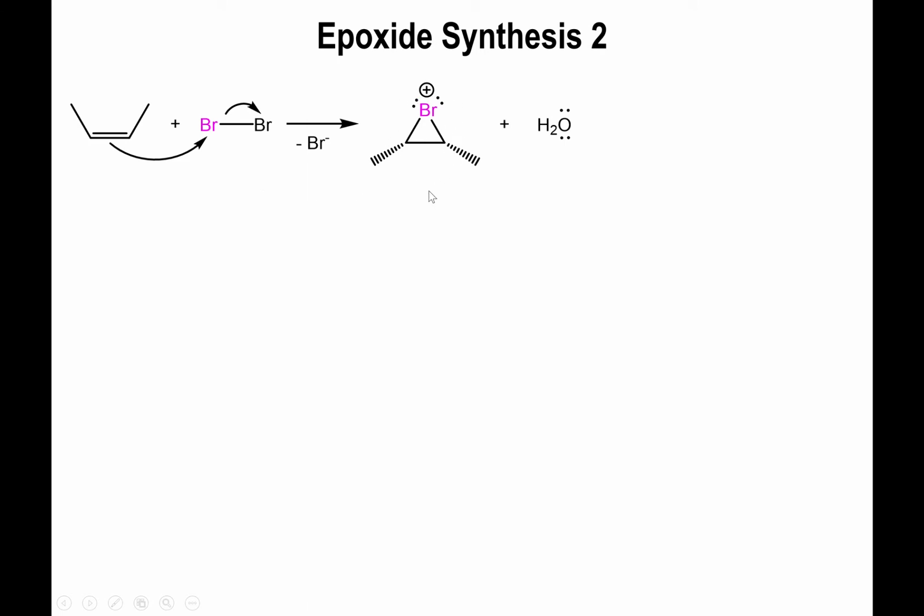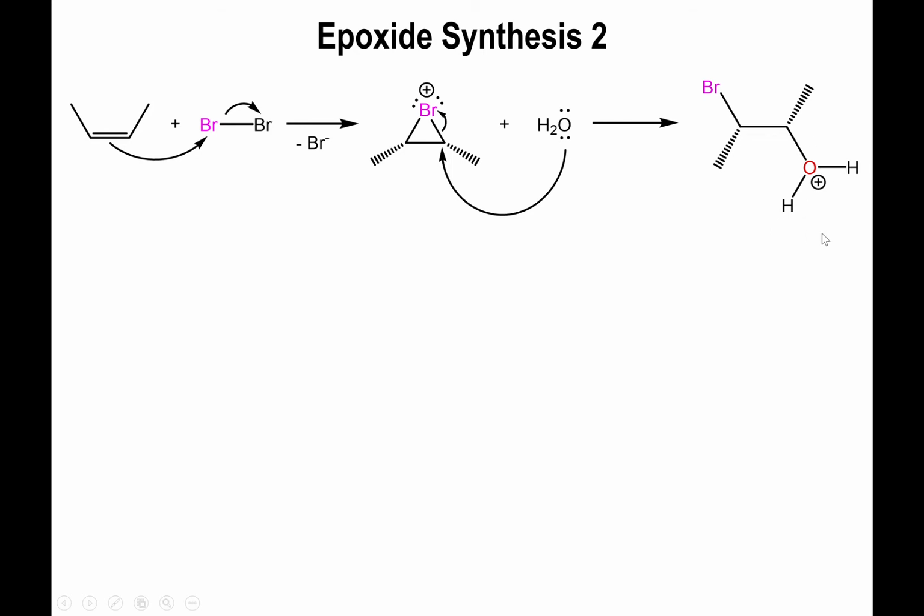Now, if the synthesis is done such that water is used as a co-solvent, so you have it in high enough quantities, instead of having bromide attacking the opposite end of the bromonium ion, you can have water performing that task. And if water attacks the bromonium ion, then what you're going to end up with is what we call a halohydrin, in this case a bromohydrin.